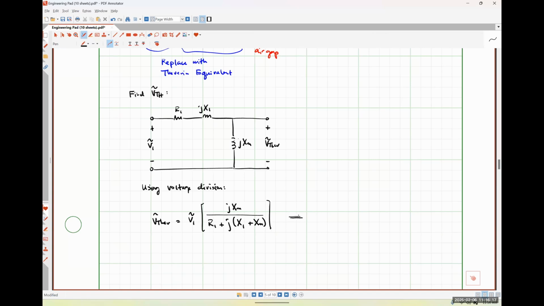And from this, we could say that the magnitude of my Thevenin voltage is just going to be the magnitude of my input voltage V1 multiplied by XM over the square root of R1 squared plus the quantity X1 plus XM squared.